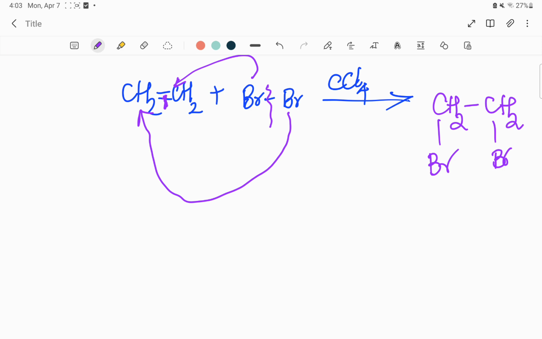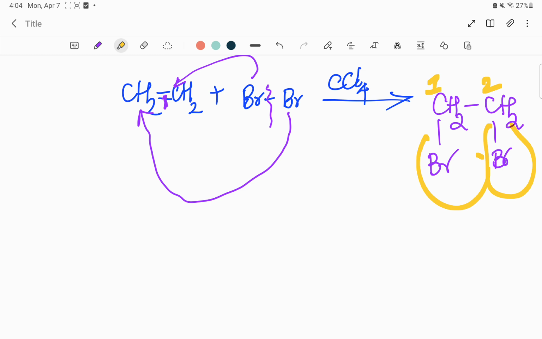Here there are two halogens attached to adjacent carbon atoms, so this is a vicinal dihalide, and this can be used as a distinguishing test to distinguish between saturated and unsaturated hydrocarbons. You learned this test even in grade 10, but we use it in grade 12 as well.